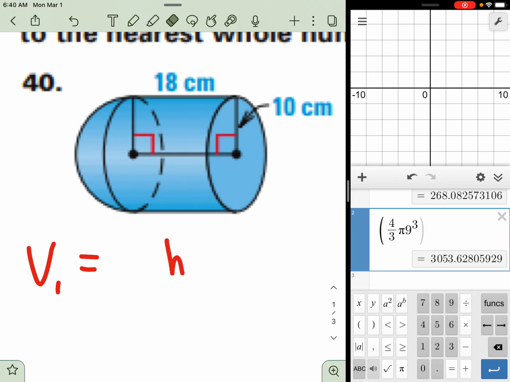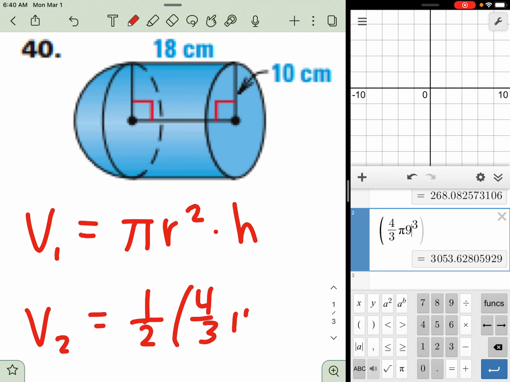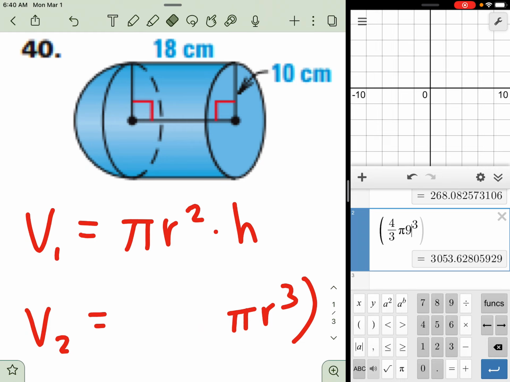So the volume of a cylinder is pi r squared times the height. And then the second volume would be the hemisphere, which is 1/2 of 4/3 pi r cubed, and 1/2 of 4/3 is 2/3. So we're just simplifying these things here.